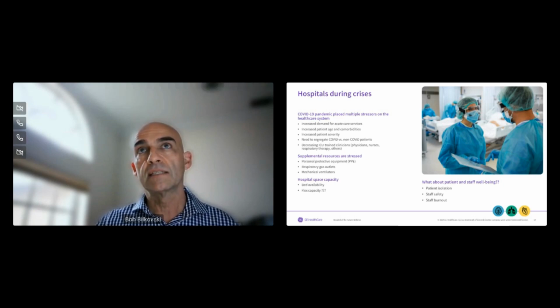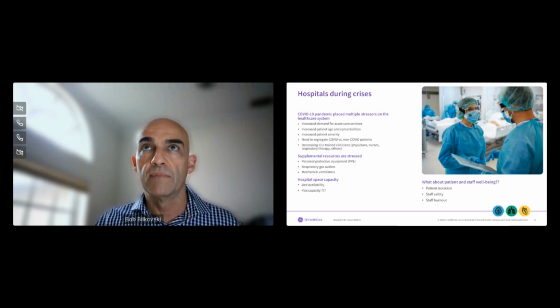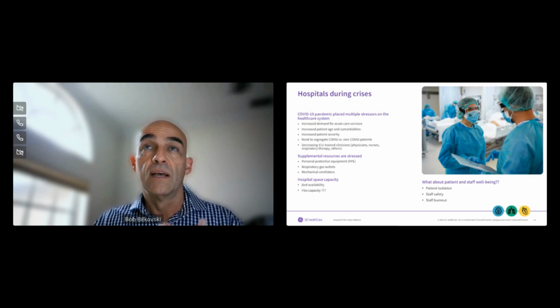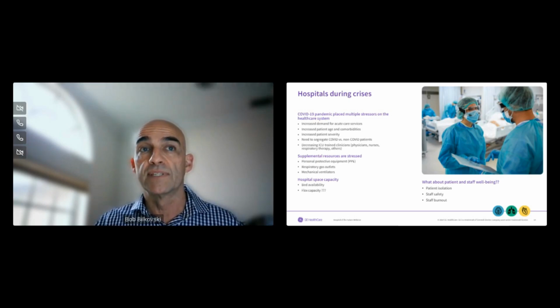And let's not forget one of the important elements, which is stress. The stress on the patients, the stress on the families, the mental well-being of the employees. All of that also resulted in suboptimal environments for the patient, as well as burnout for the hospital staff.